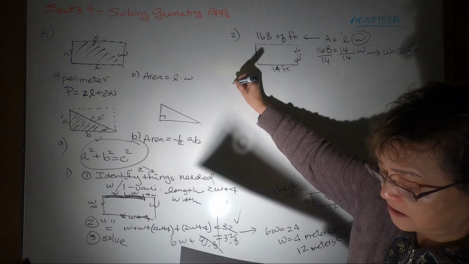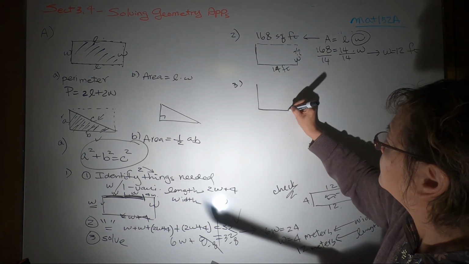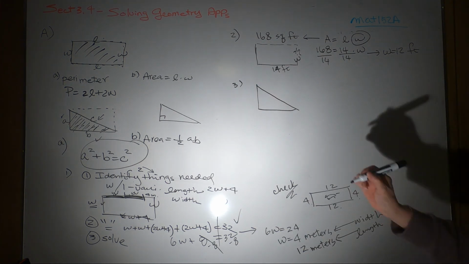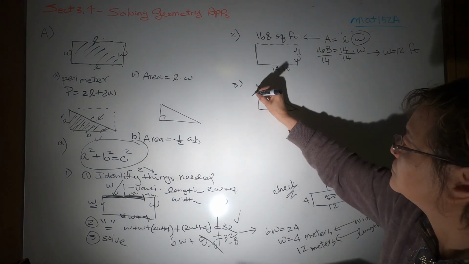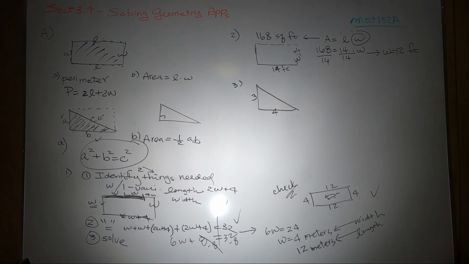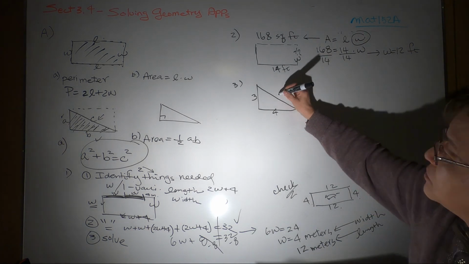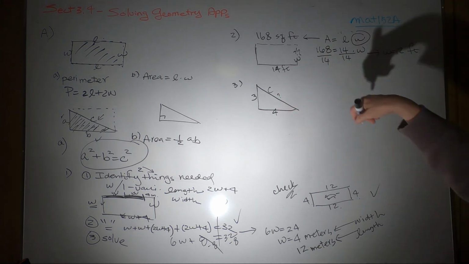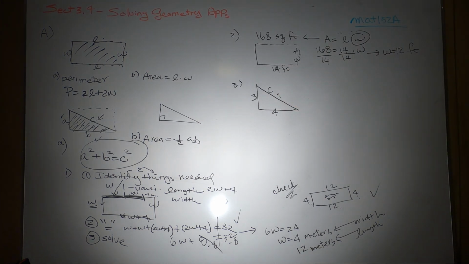Okay, so if you have a right triangle like this, one side is 4 feet, another 3 feet. And this side we'll call it slant side, we call it hypotenuse.